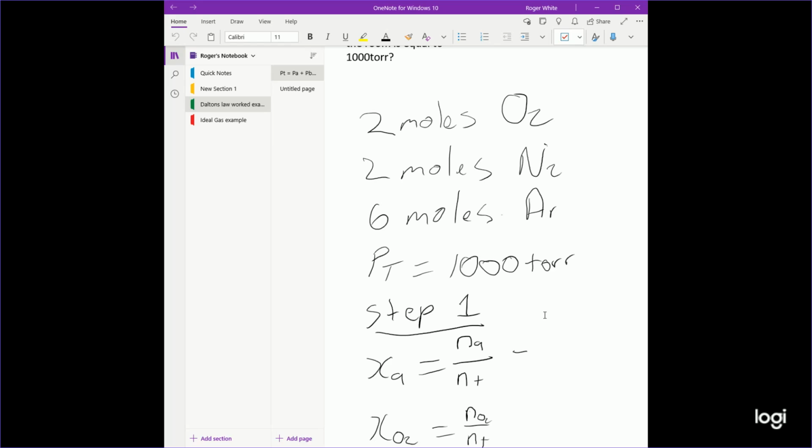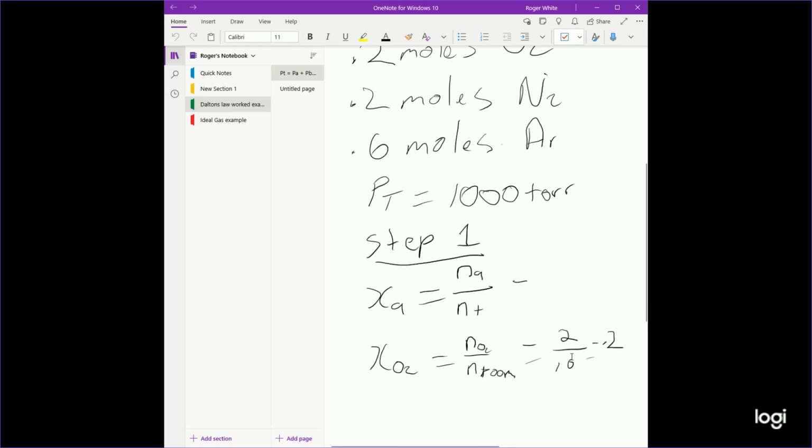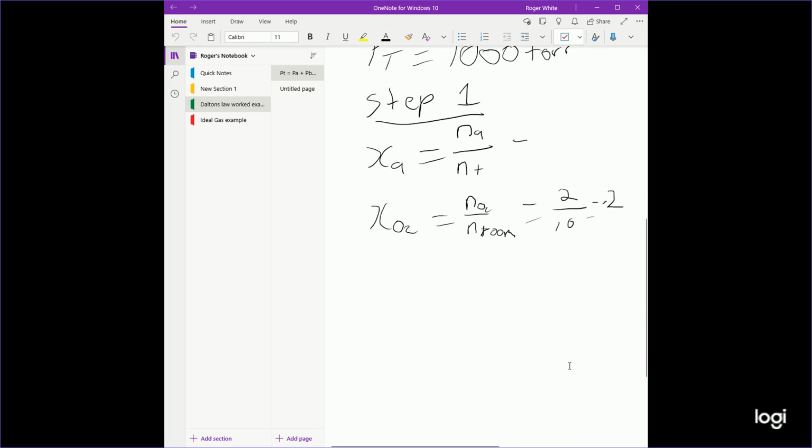So the total for the room is equal to 2 plus, remember what the total was, it's all of those added up together. So we've got 2 plus 2 plus 6, which adds up to 10. We can simplify 2 over 10 to 0.2. We can just do that in our head. So we've got our 0.2. That's what the mole fraction is.